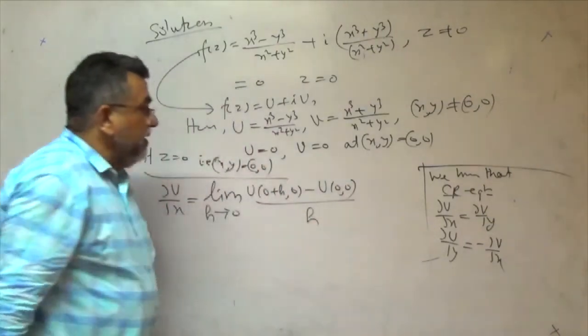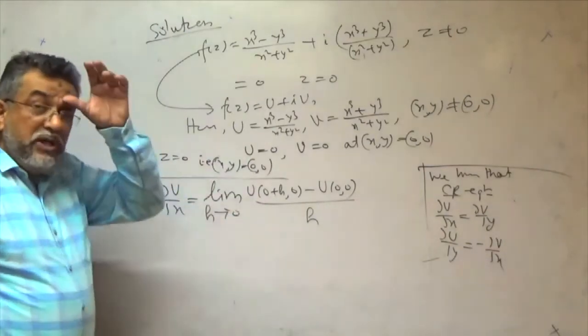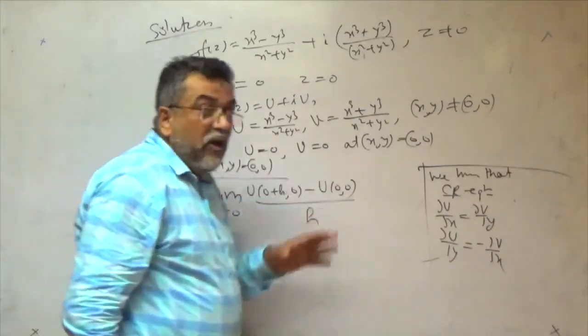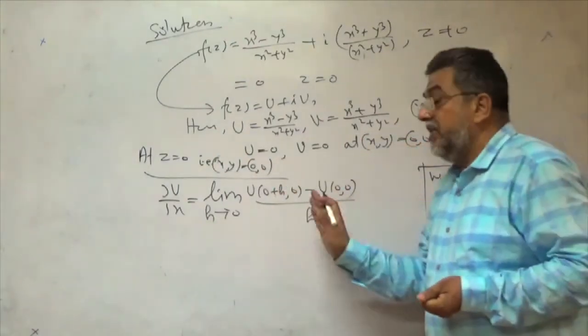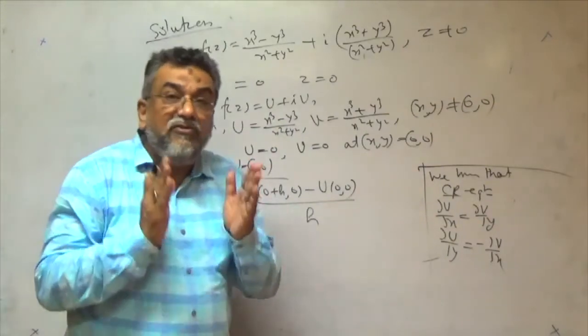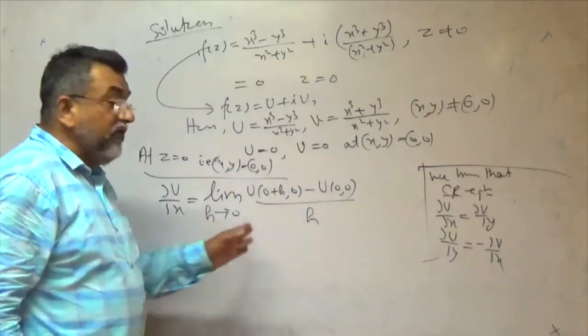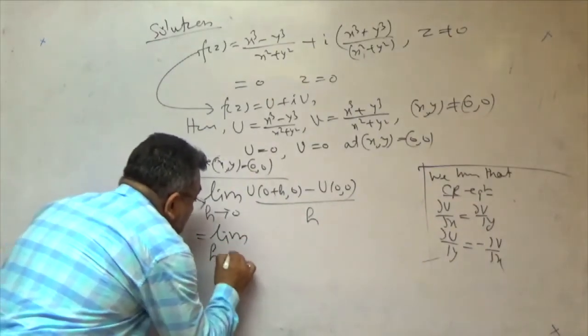In the introductory lecture I told you about the first principle of the derivative. If the limit on the right hand side of this equation exists, then we say that del u by del x exists. Then calculate the value of this limit h tending to 0.